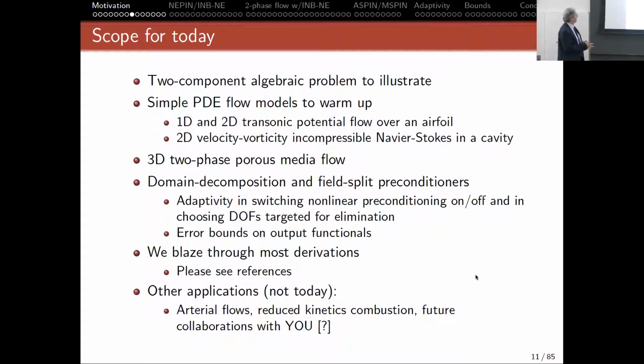Then I will go back a little bit into the history of the original nonlinear preconditioners and talk about some additional features like adaptive switching back to full Newton off of the nonlinear preconditioned and getting error bounds on output functionals, which is another way of terminating early depending on the quantities of interest. I won't spend any time in this talk doing derivations, but there are plenty of references.